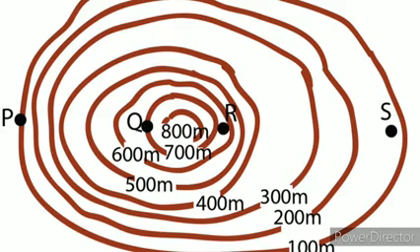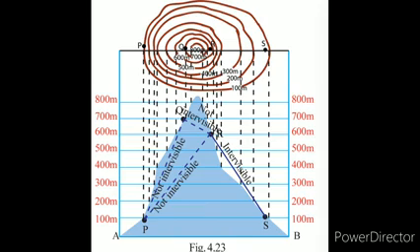Watch the screen. You can see the points marked as P, Q, R, S between the contours. We are going to identify the points which are intervisible or not. Turn to the next picture. For assessing the intervisibility, the shape of the terrain must be inferred from the contour lines.